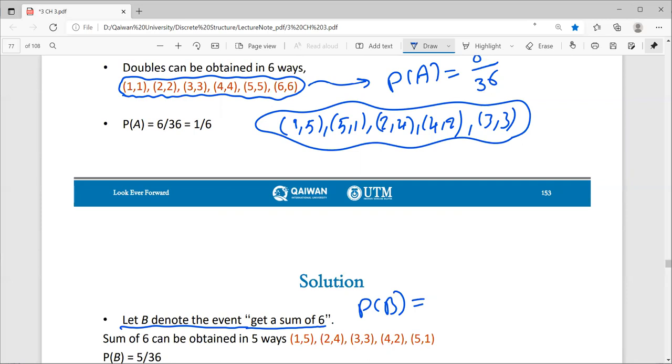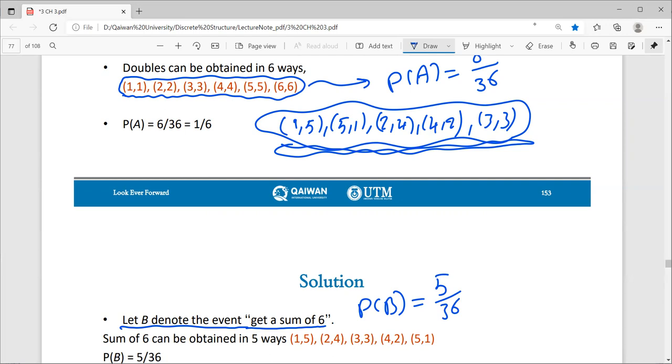We have 5. 1, 5, 5, 1. 2, 4, 4, 2, and 3, 3. We have 5 possibilities to get the sum of 6. So the probability of getting the sum of 6 is 5/36.